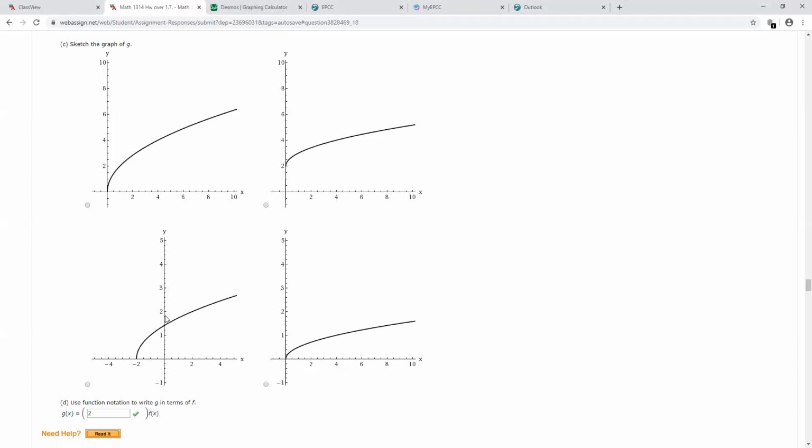Griselda, which one do you think is the correct one here? It would be the first one again. So the first one, okay. Because when we go 1 unit over, instead of being 1 up, it's 2 up.